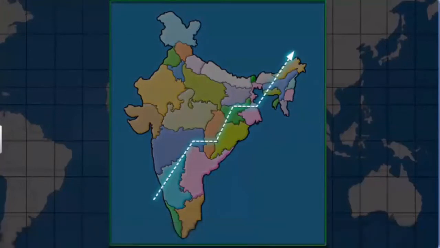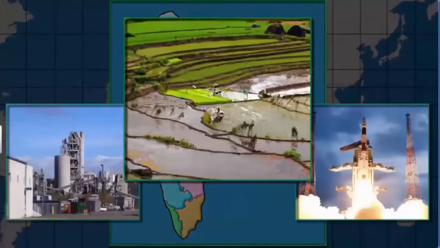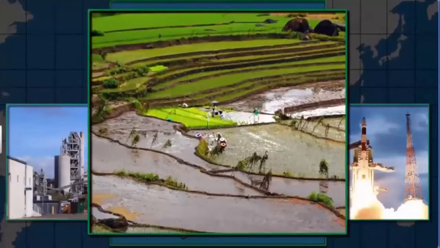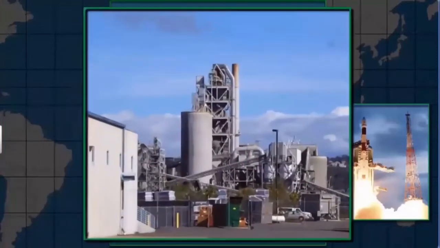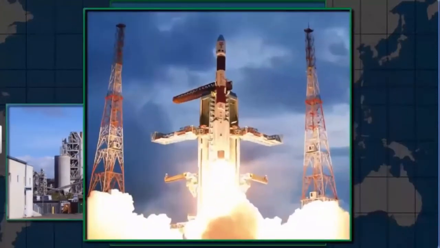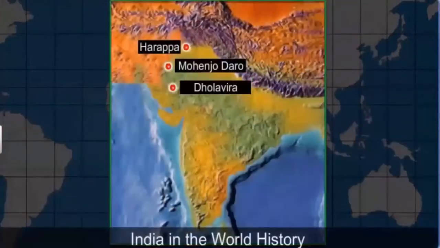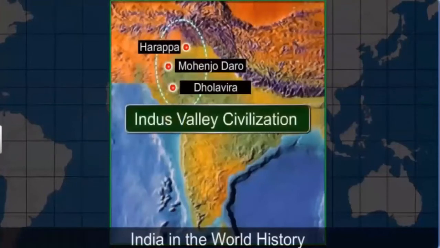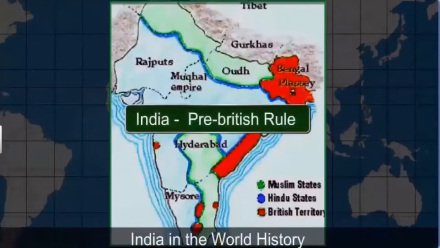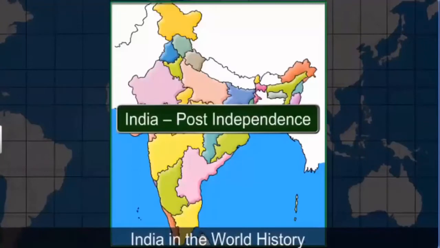The country has shown substantial development in the agricultural, industrial, and technological sectors. In addition to this, India has also contributed significantly to world history. From the ancient times of the Indus Valley Civilization through the British rule to free India, the country has witnessed it all.